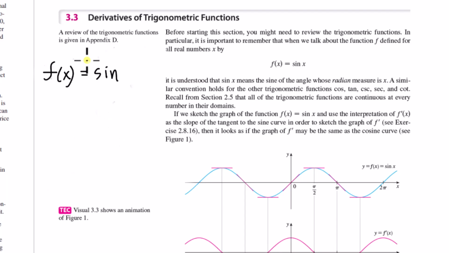So if x is in degrees, you're doing this. You're finding the derivative of this function, which still makes use of the derivative rules for the trig functions we're about to develop, but then you're going to get a derivative that's different from if the input was in radians, because you've got this factor here. So how do you take this derivative with this factor in front of the argument? Well, that's what we'll need the chain rule for.